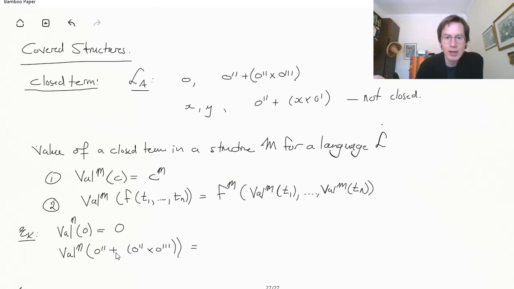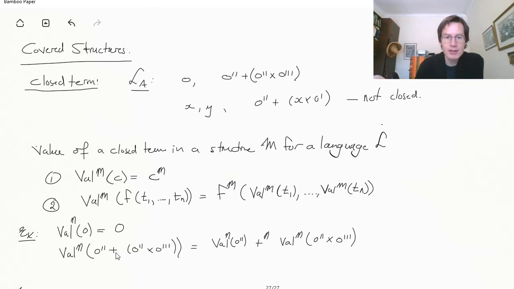So what I need to do is apply the interpretation in n of the addition to the value in n of 0 prime prime, and as the other argument I need the value in n of 0 prime prime times 0 prime prime prime.